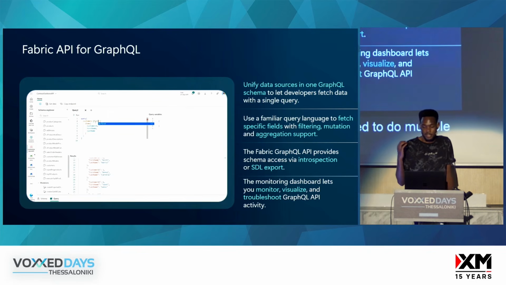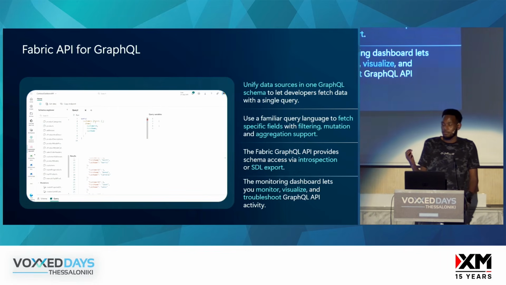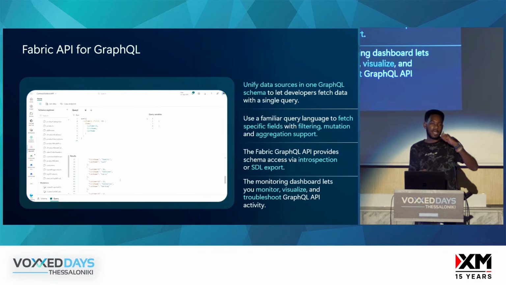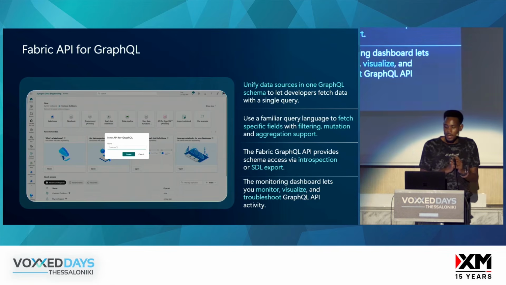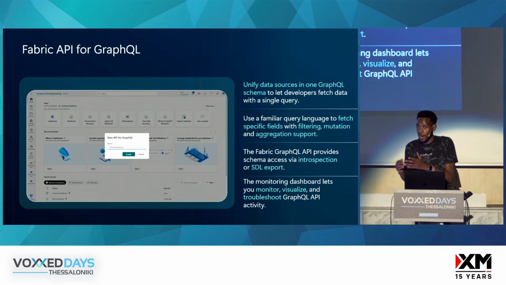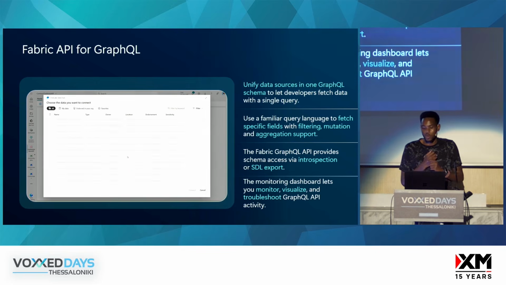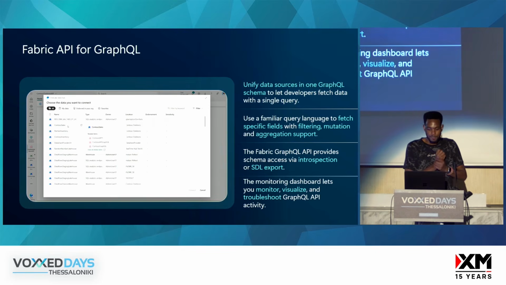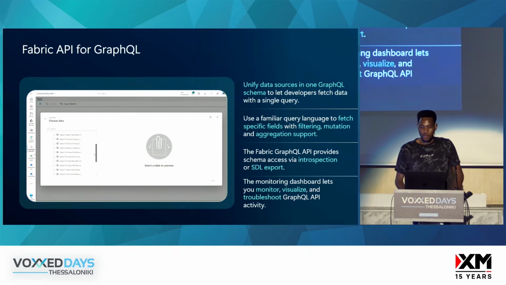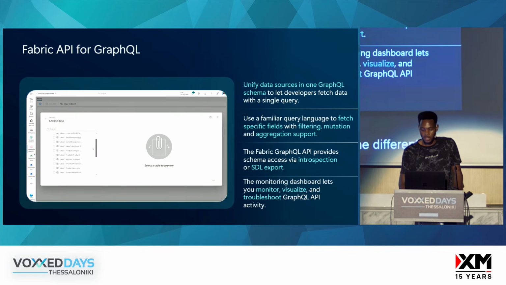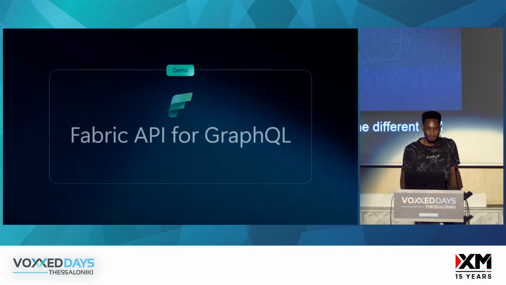But with the GraphQL API, you're able to specify, okay, I need data from the following particular columns, and that's the exact data that is going to be returned. You also have the ability to monitor the requests that are hitting your endpoint. And so you're able to troubleshoot the different API requests that are coming to your GraphQL endpoint.